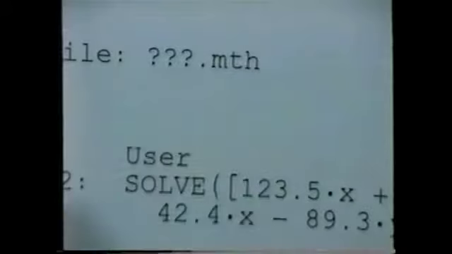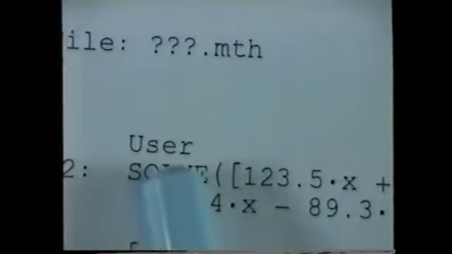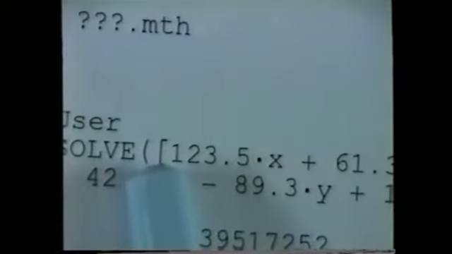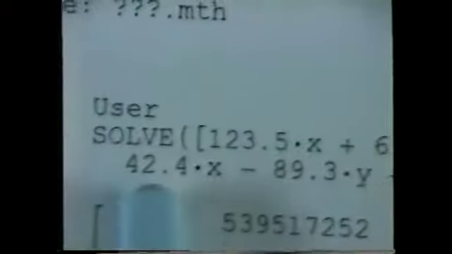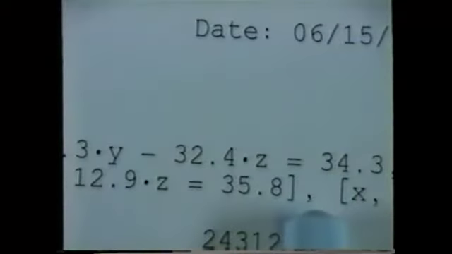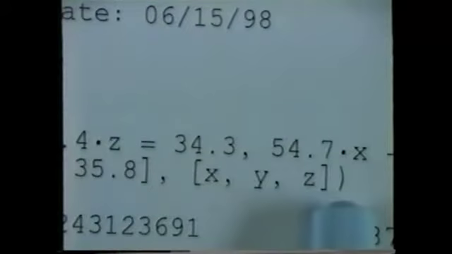Again, the word solve, parentheses, inside the braces, you put equation 1, comma, equation 2, comma, equation 3, comma, and then your variables, x, y, and z.